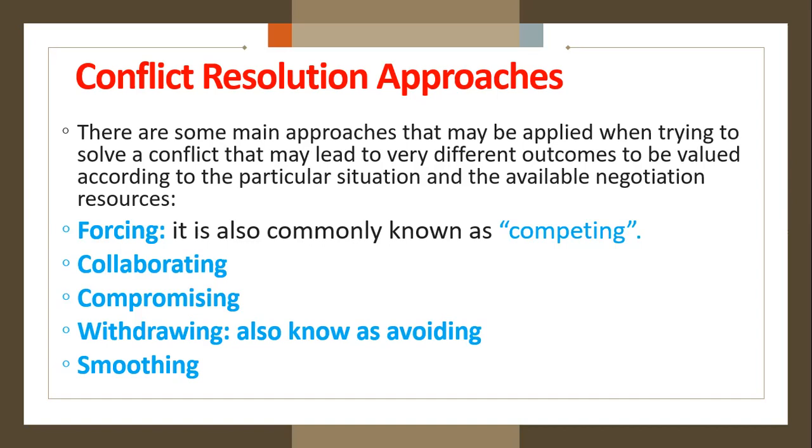But one bad thing about smoothing is that people may probably take you for granted. That's where you see people take them for granted. You hear people say, "Yeah, well, whatever I say to him, he will take." So it's not a good conflict resolution approach too.